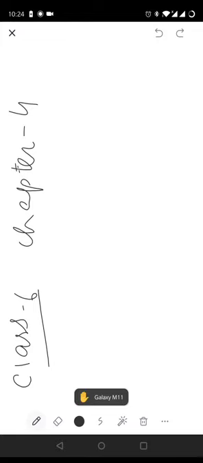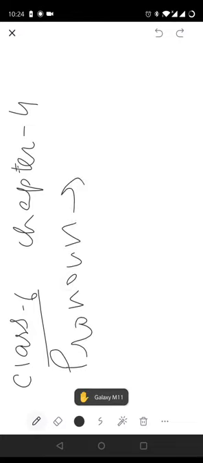What is relative pronoun, or what is pronoun? Pronoun is any word which is used in place of a noun.